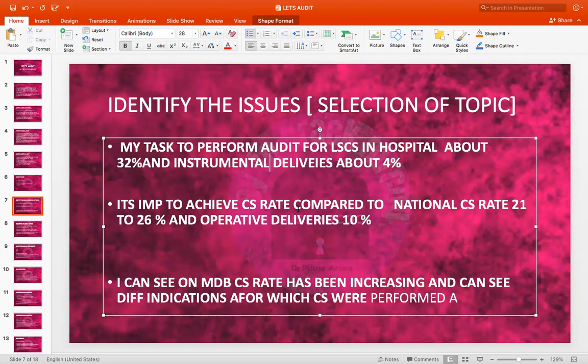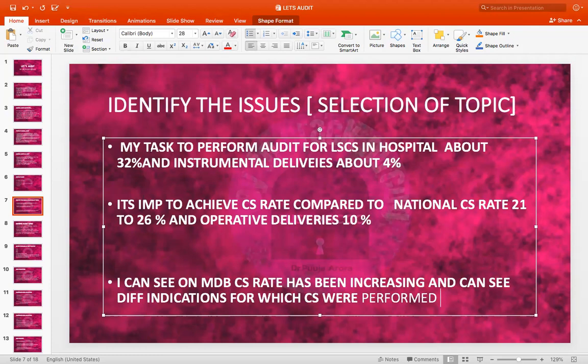It is important to achieve a cesarean rate comparable to the national cesarean rate, that is 21 to 26%, and operative or instrumental delivery 10%. I can see on the maternity dashboard that the cesarean rate has been increasing and I can see different indications for which cesarean was performed.